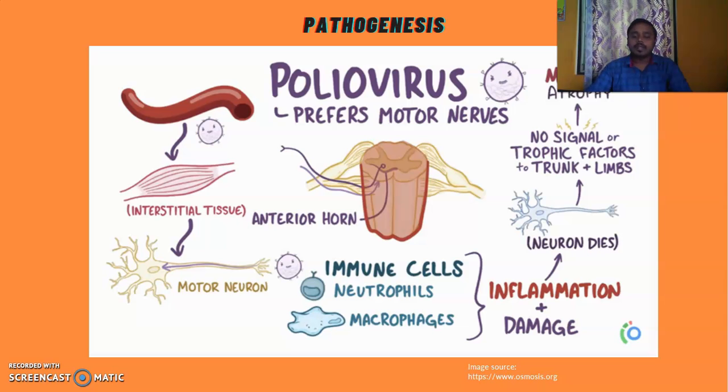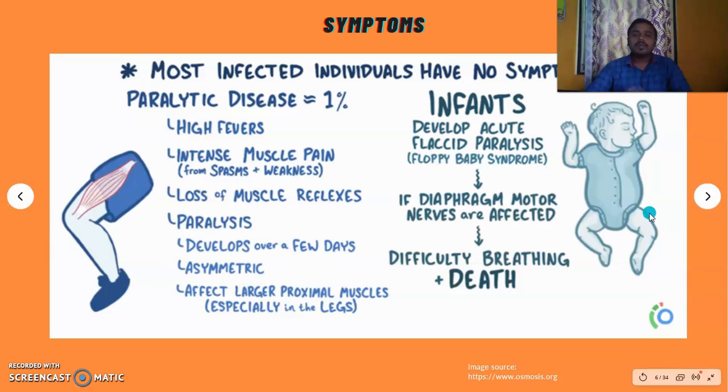Now we'll see a few symptoms which can be seen when a person is having this polio attack. The thing is, most of the infected individuals will not show any symptoms initially. Sometimes they may have high fevers, intense muscle pain, loss of muscle reflexes, but they will get to know this completely when they have paralysis.